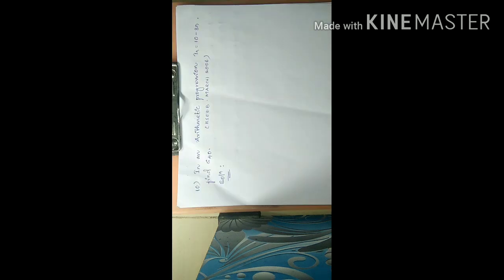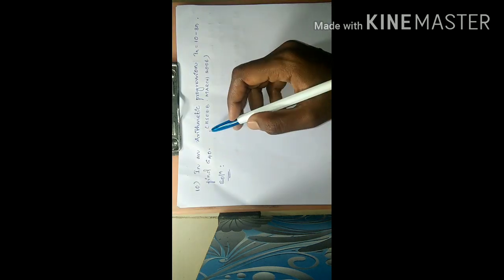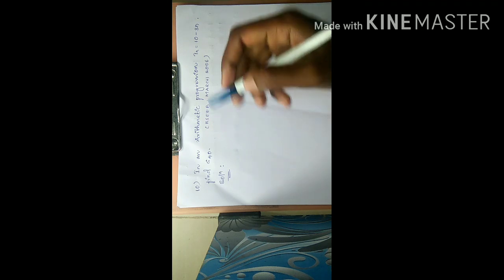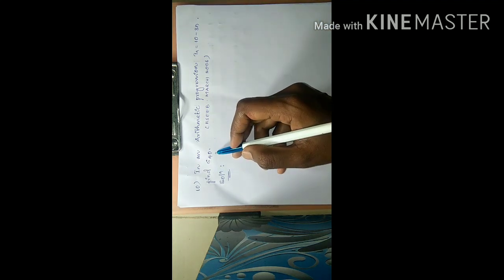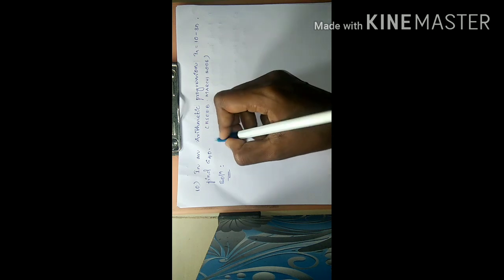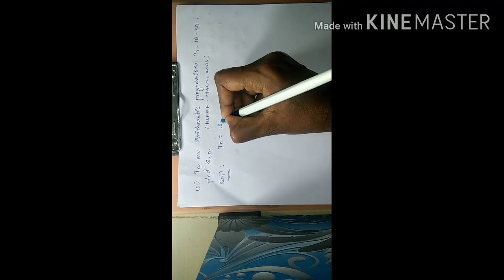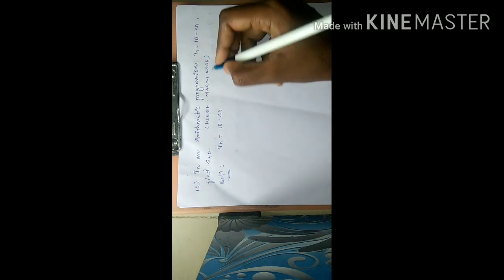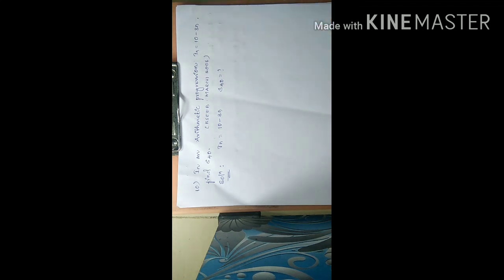Now example number 10. In an arithmetic progression, Tn is equal to 10 minus 3n. Find S40, sum of 40 terms. So, given Tn is equal to 10 minus 3n, we need to find out S40, that is equal to question mark.